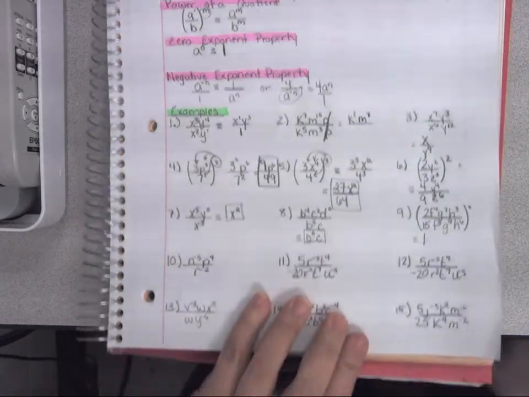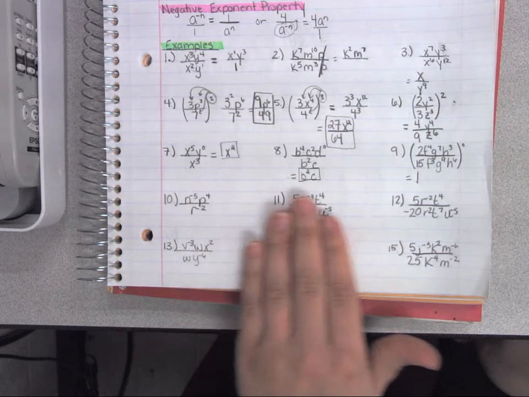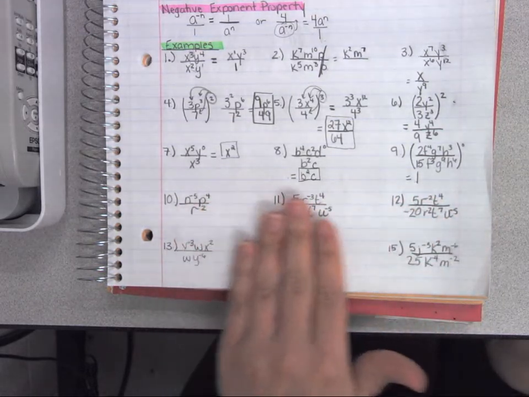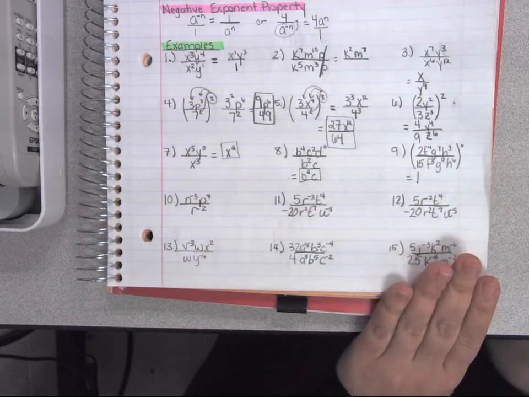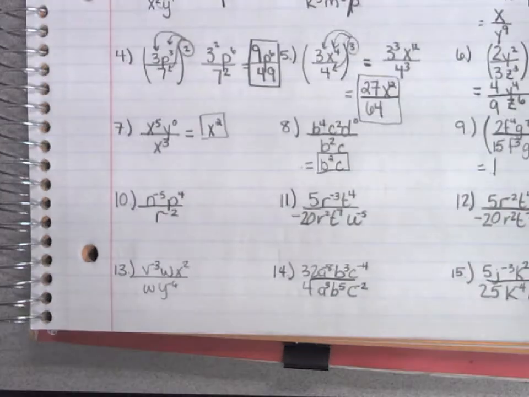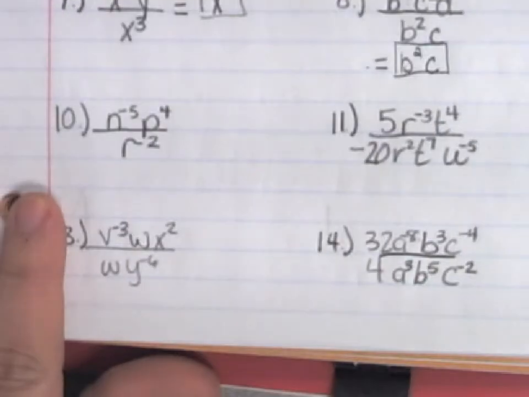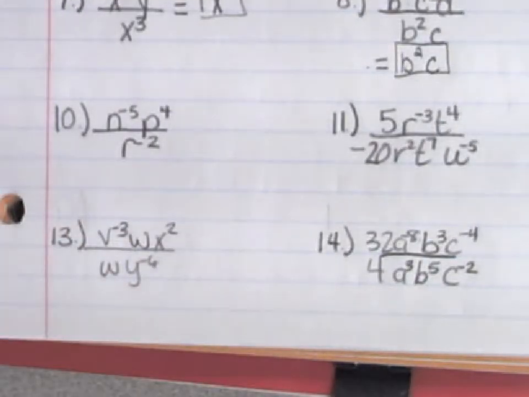Okay. So now all of these problems have negatives in one form or another. How I like to deal with negatives is I like to leave them until the very end, ladies and gentlemen. I do not like to deal with that negative sign. I'm scooting it until I am done simplifying variables. So look at number 10.